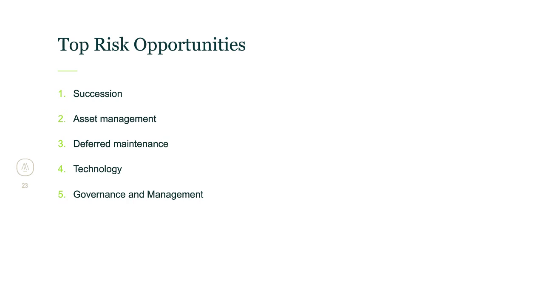And then governance and management. And really thinking about that, in part it loops back to succession, but really kind of in a different way. But thinking about stability, continuity, thinking about the impact that has on our programs.